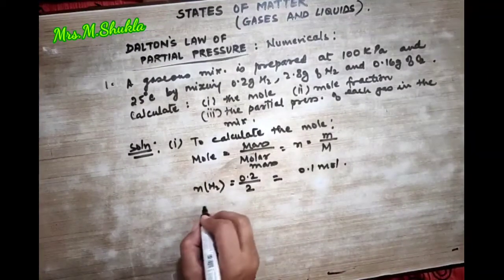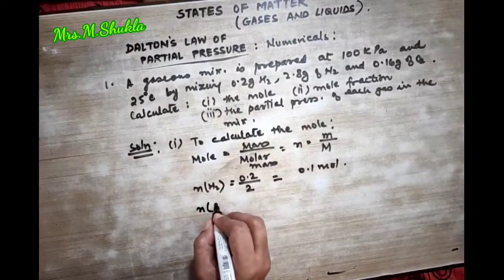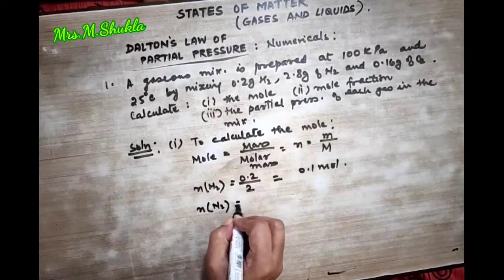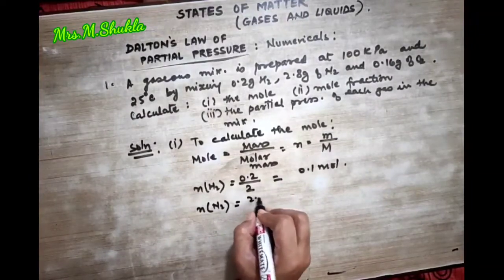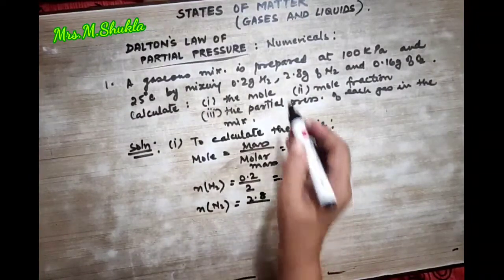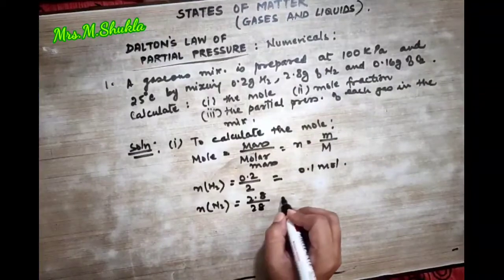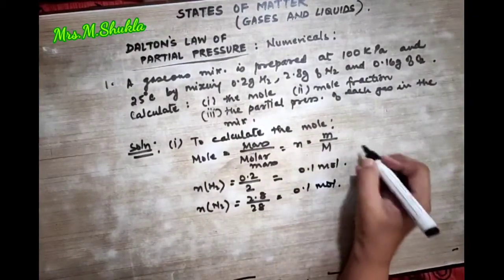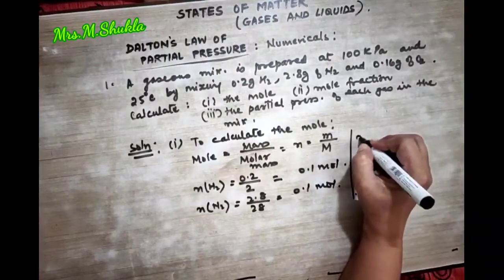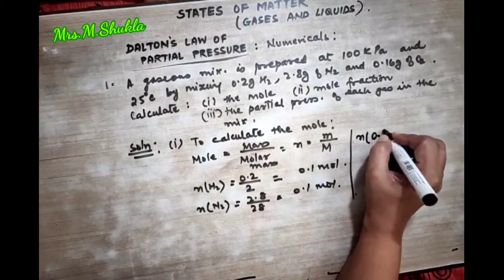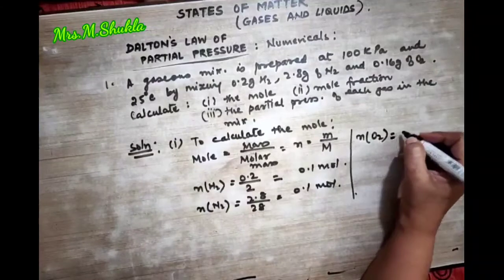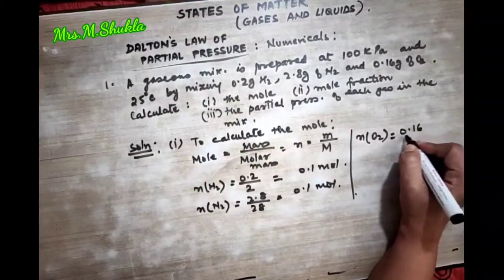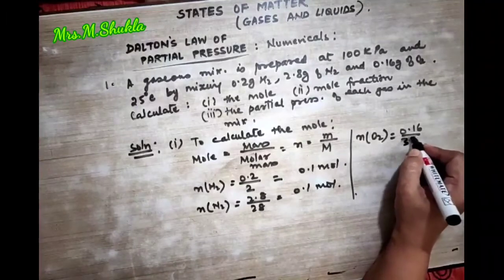Similarly, which is the next gas? Nitrogen, N2. This will be equal to 2.8 upon 28. This is also equal to 0.1 moles. Then n for oxygen gas: how much is given? 0.16 upon 32.